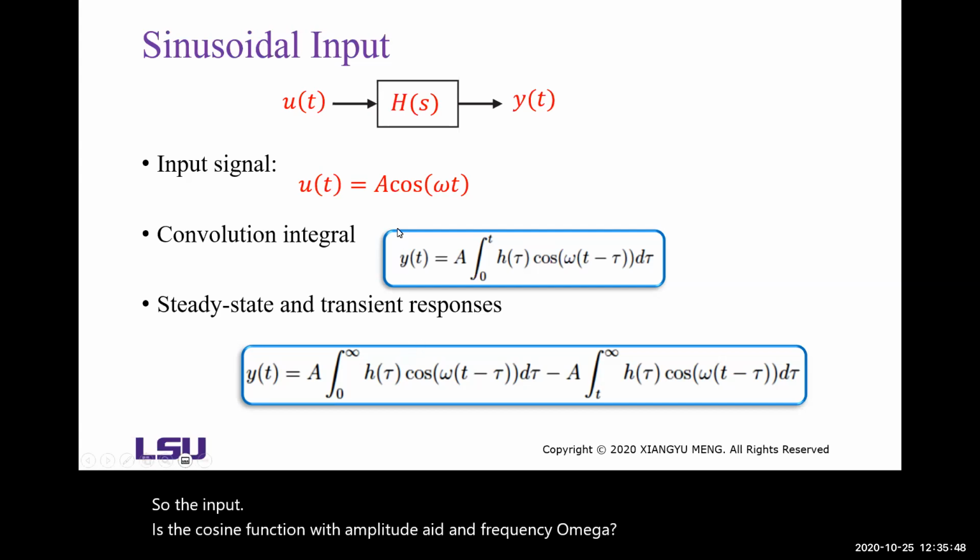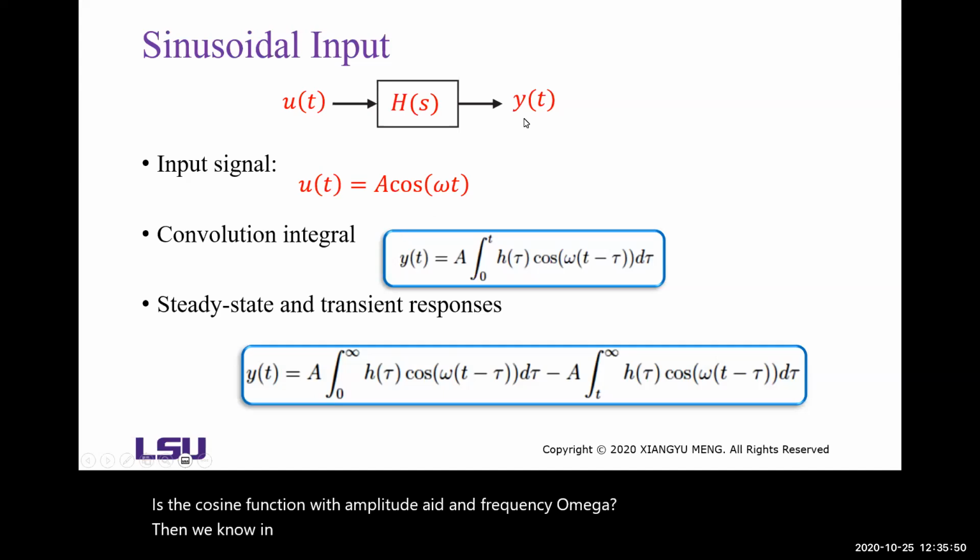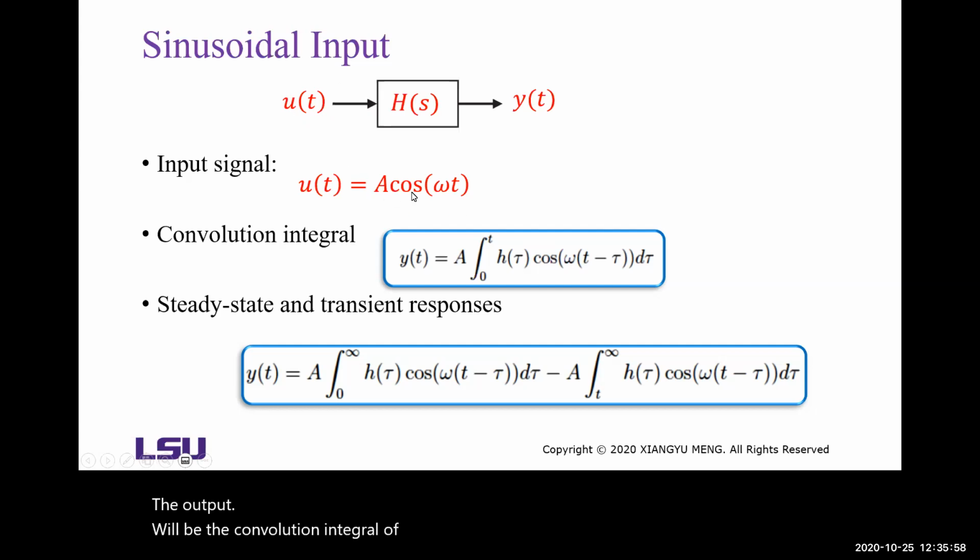Then we know in the time domain, the output will be the convolution integral of the input signal, that's A cosine omega t, and the impulse response, which is a function of tau here.